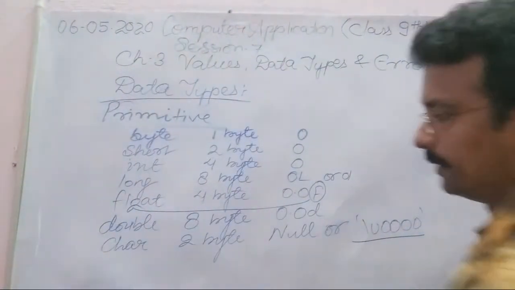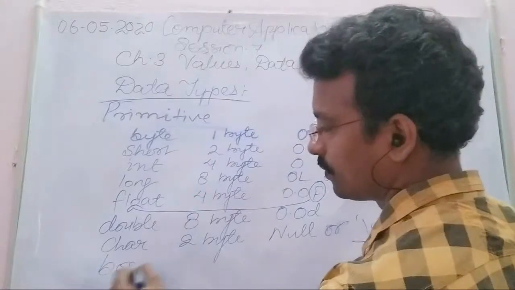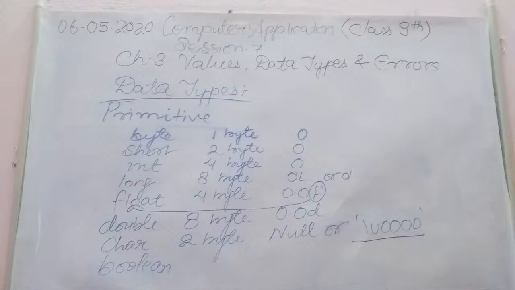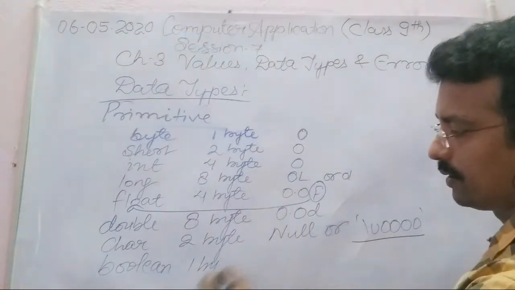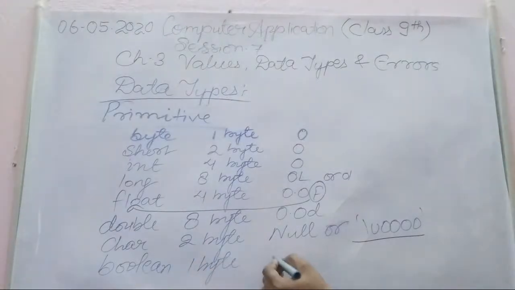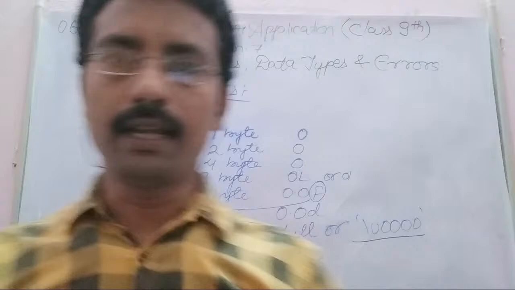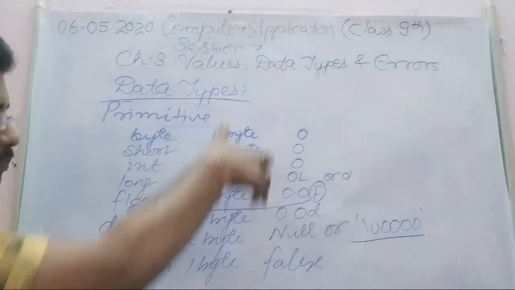Now, Boolean. Boolean uses 1 byte of memory, and its default value is false.